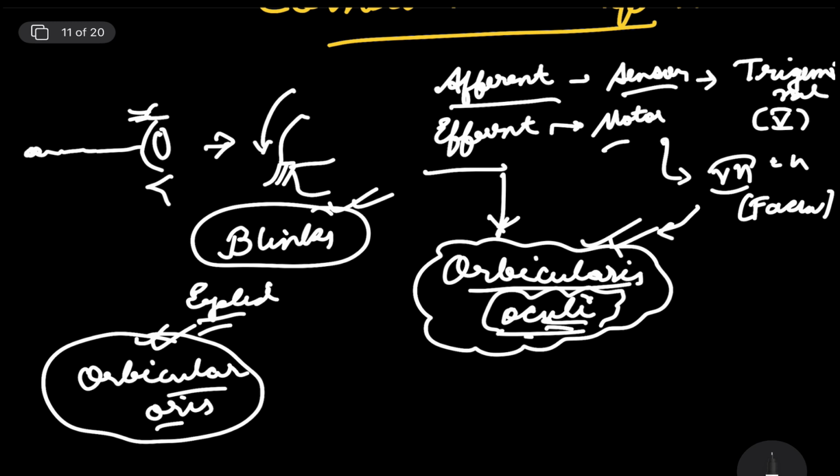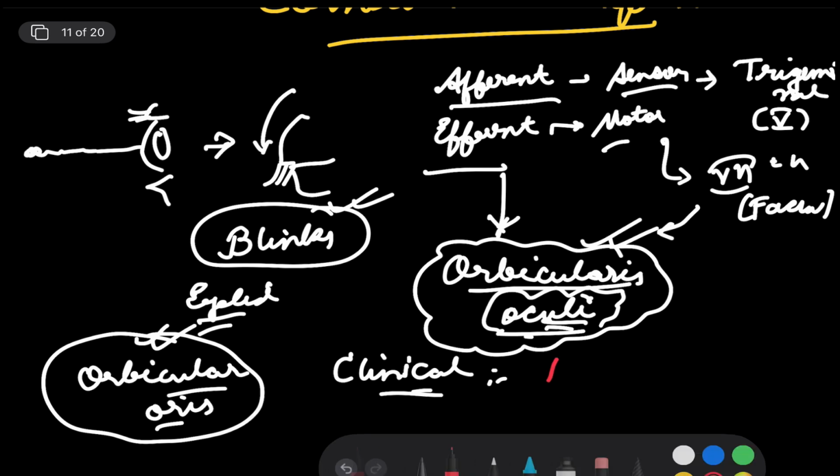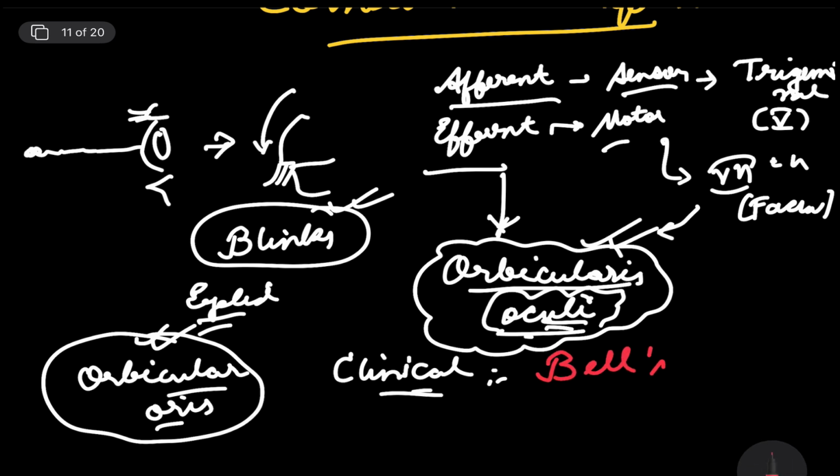Done. Now, what is the clinical correlation? All of this that I'm talking about, reflexes and nerves, these are theoretical things. What good will this do in my clinical practice? Well, the clinical correlation to this is a very special disease called Bell's palsy. We'll talk about Bell's palsy in great detail, in ENT and also in medicine.